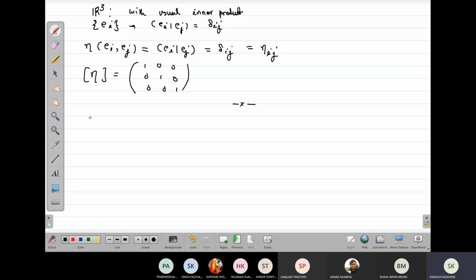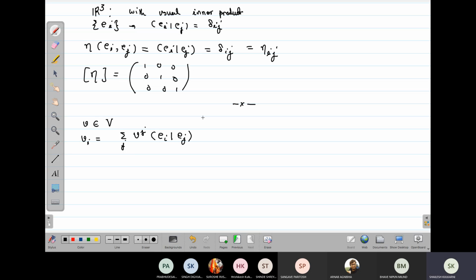So let us consider v to be a vector in capital V. Then the component of the dual vector corresponding to v, that is denoted by v subscript i, is equal to summation over j, remember our earlier calculation, vj, ei inner product with ej.